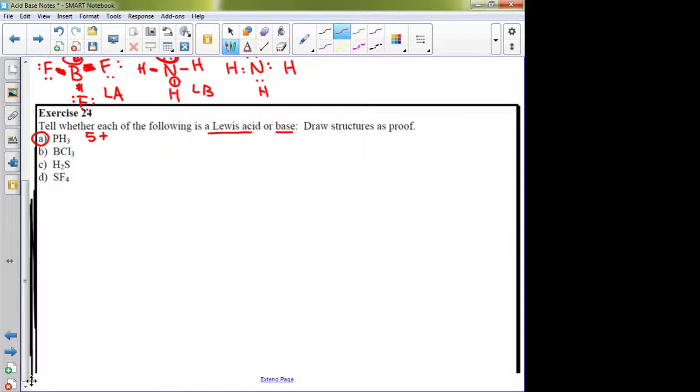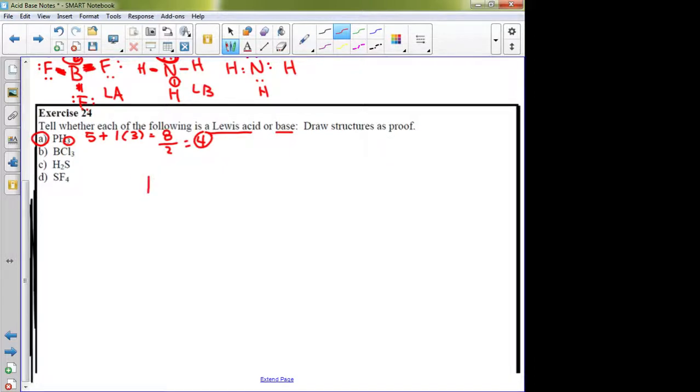Plus, hydrogen is in column 1, so it has 1 valence electron. But I multiply that times 3 because I have 3 hydrogens. 5 plus 3 is 8. 8 divided by 2 is 4. So when I draw this, I should have 4 pairs.